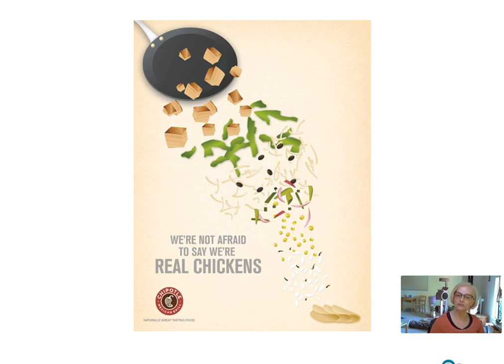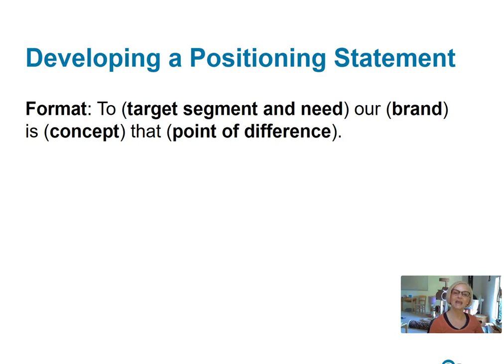Now, what about Chipotle? Chipotle is a competitor for, and how are they differentiating themselves? And now we need to develop a positioning statement, and our book recommends that we use this particular format.